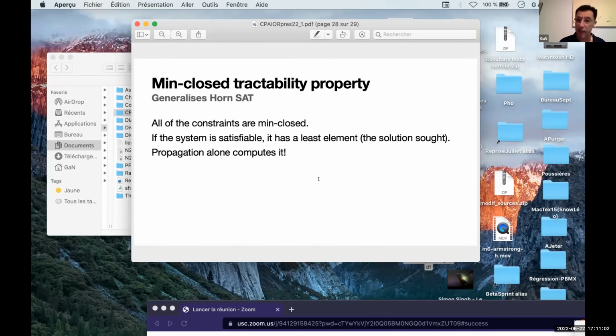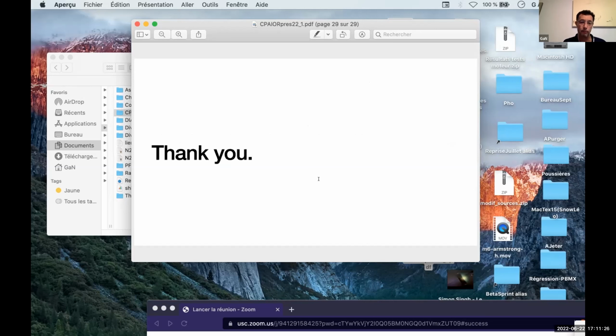Sorry, I'm running short of time. Okay, yes, so that was my last slide. I'm not going to go into the technical details for proving that property. This is a generalization I've shown. I think it's more interesting to understand what's behind it. And it all relies on min-closed problem solving. Thank you very much.